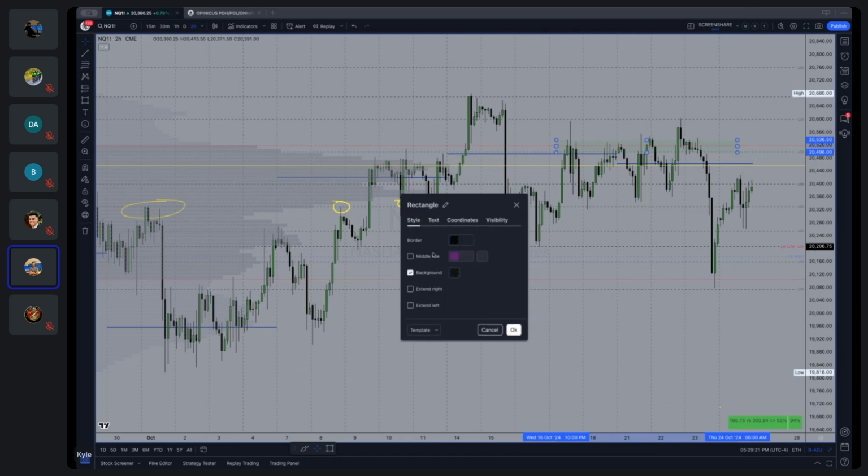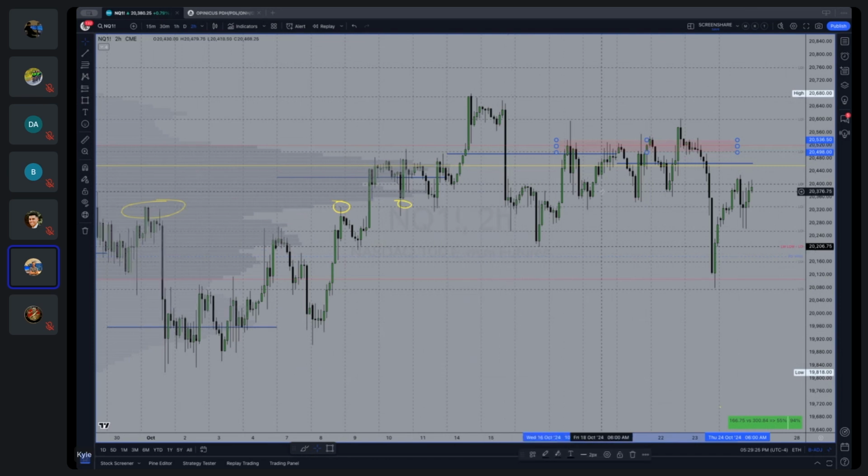That's a visual reminder for me to not try anything crazy in there, because I treat that all as a supply zone. Sellers are sitting somewhere in there. I don't know where exactly, but I know they're there. I don't want to be long anywhere near that area.